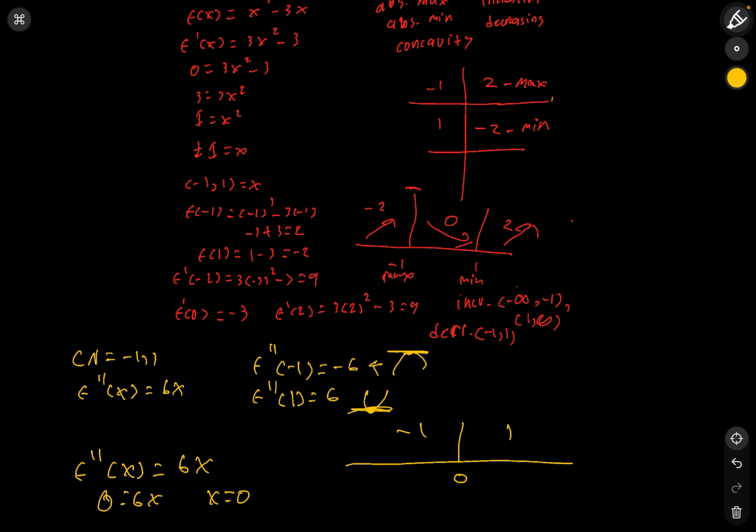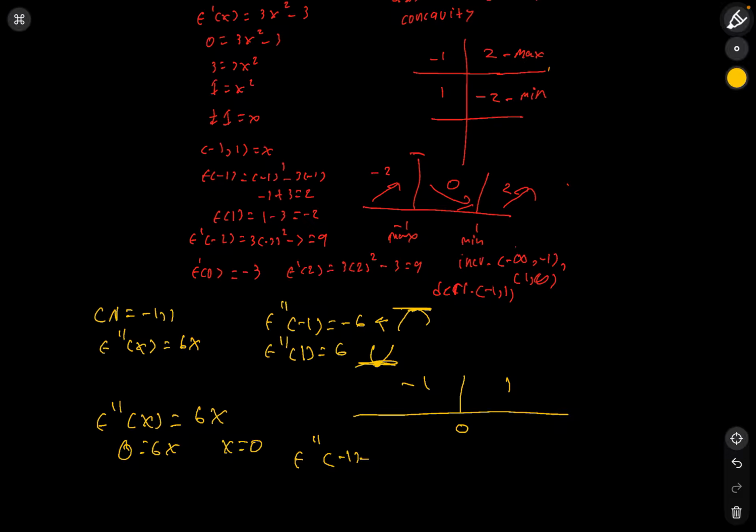Plug some values in. f''(-1) is equal to -6, and f''(1), we already did this, is equal to 6. So we can see that from -infinity to 0 is concave down, and from 0 to infinity is concave up.